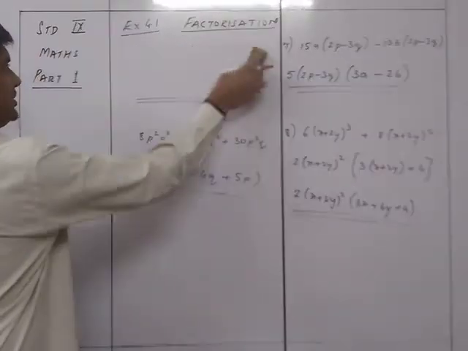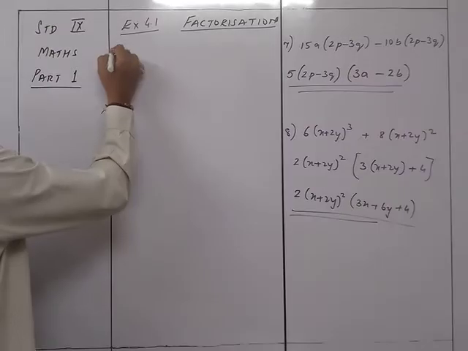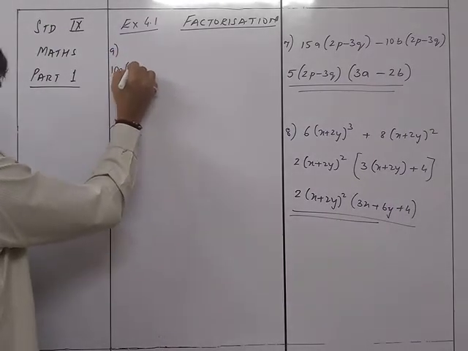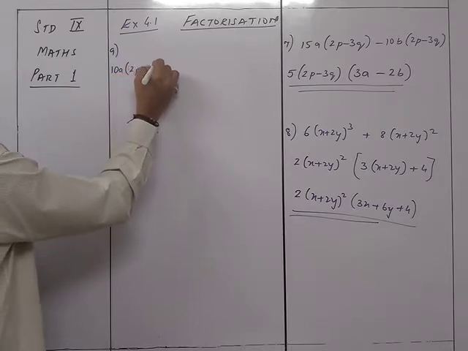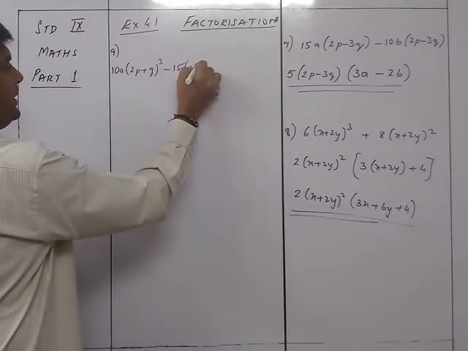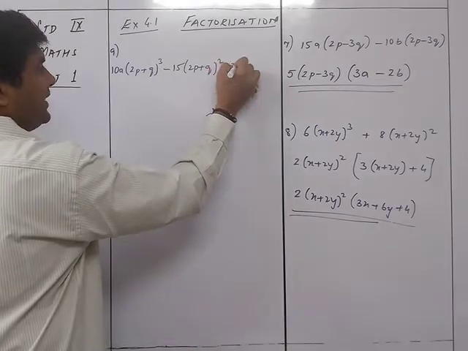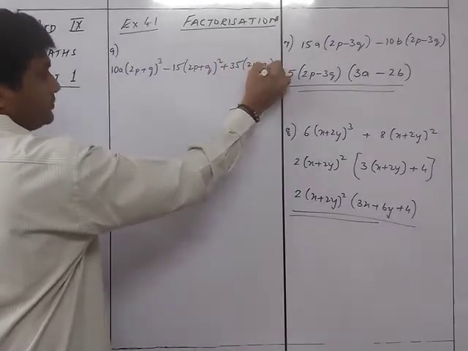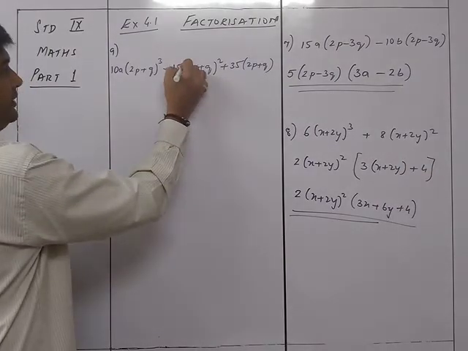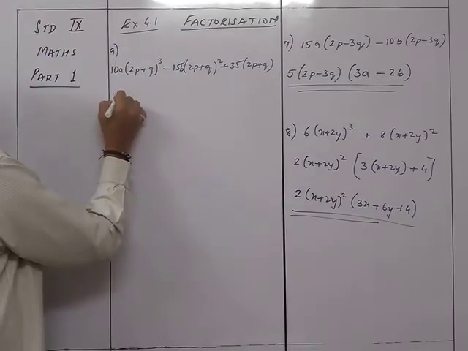We move on to question number 9. Question number 9 we have got as 10a(2p plus q) the whole cube minus 15b(2p plus q) the whole square plus 35(2p plus q). You can see 10, 15 and 35, you have got 5 common in all of them.